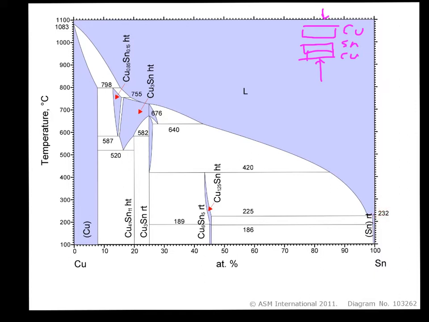then what happens is that the copper and tin start to diffuse together, and the diffusion is fast in the tin because it's a high temperature relative to its melting point. And so within the tin phase, you start to first form this Cu6Sn5 phase.